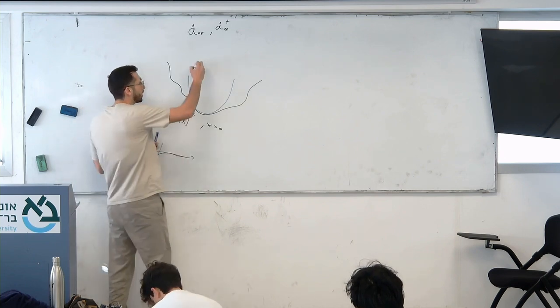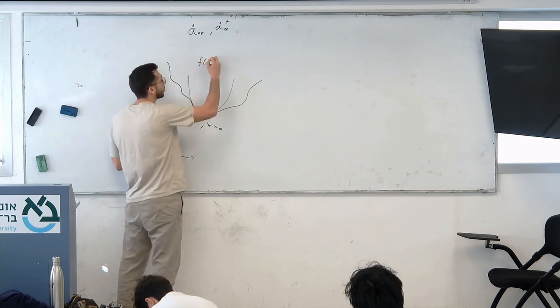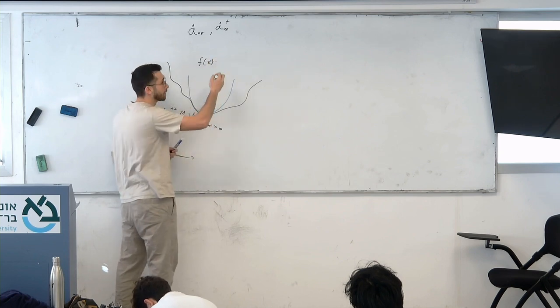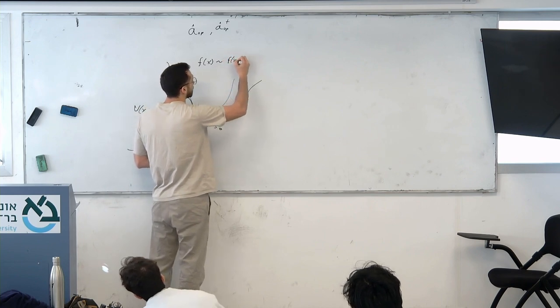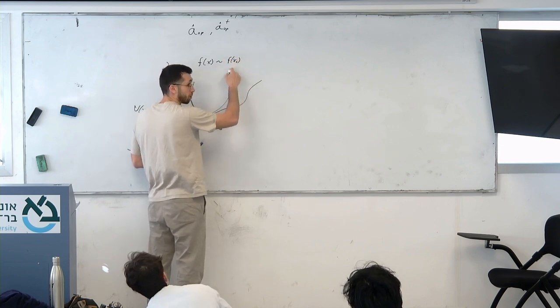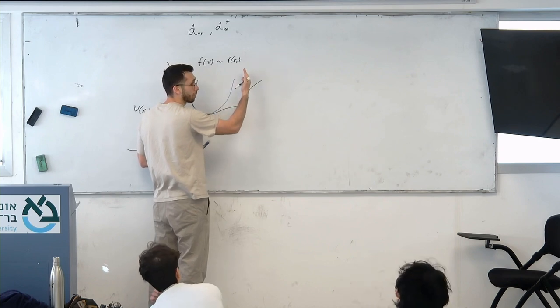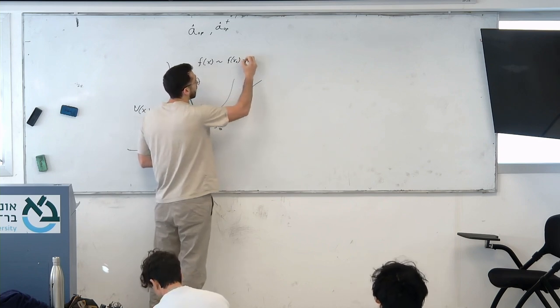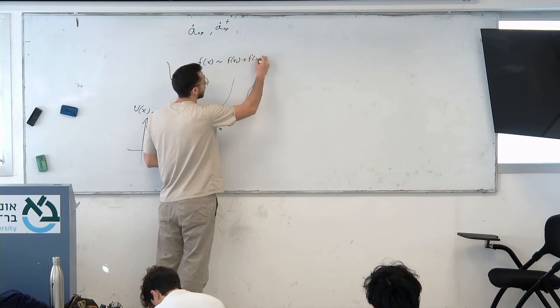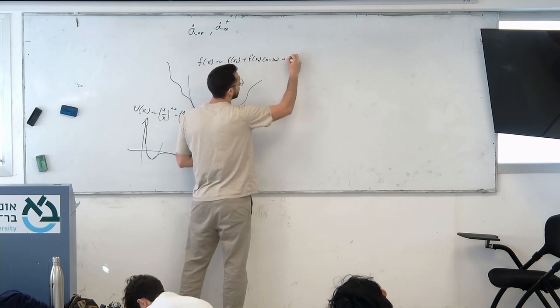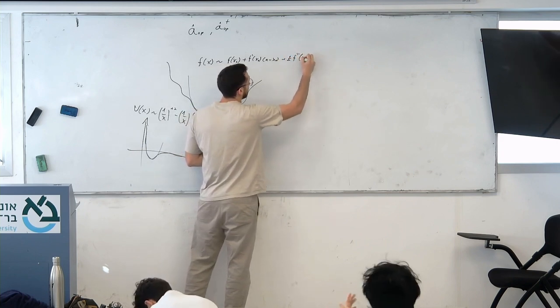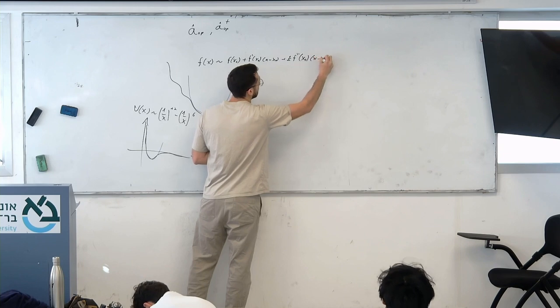So similarly, for any function f of x, around its minima x naught, it's going to be f of x naught, some constant, and we don't care about constants in the potential energy. Then the first derivative times x minus x naught, then the second derivative times x minus x naught squared.